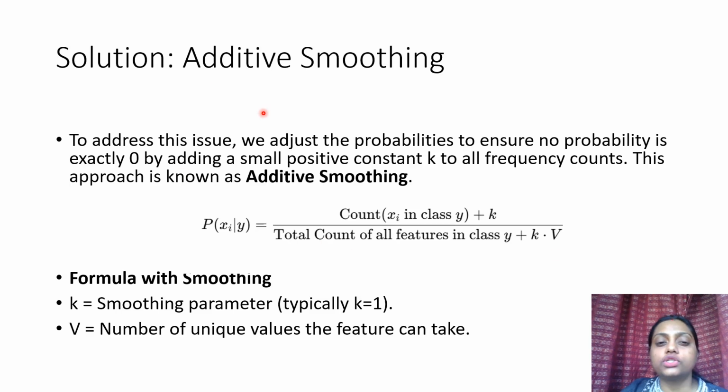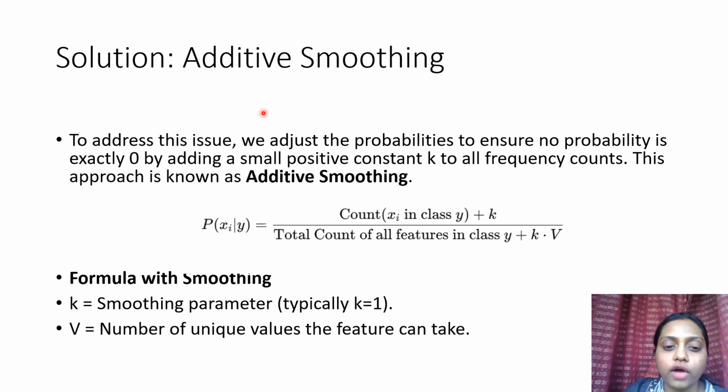So one such solution is called additive smoothing. What does it mean? To address this issue, we adjust the probabilities to ensure no probability is exactly 0 by adding a small positive constant k to all frequency counts. This approach is known as additive smoothing. Now, how to count?